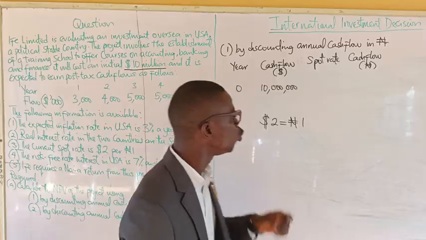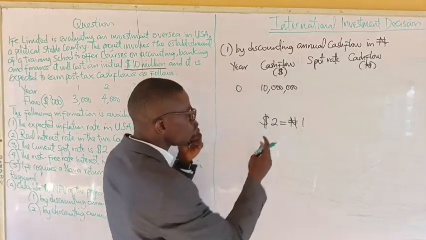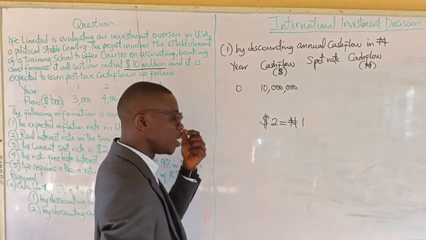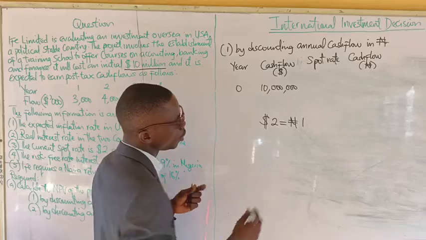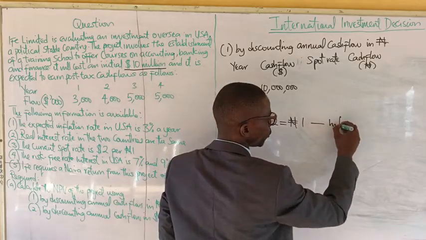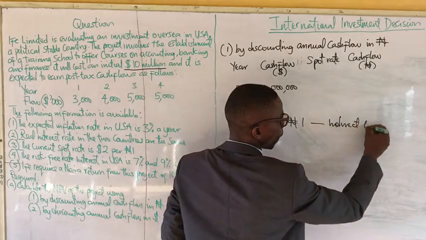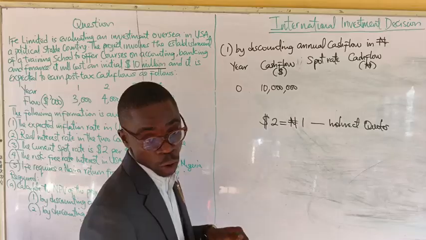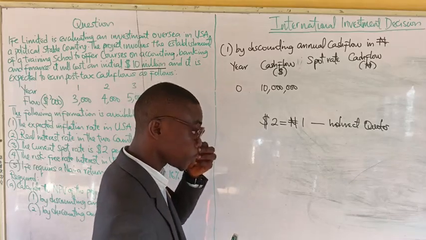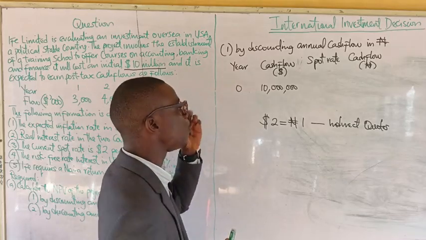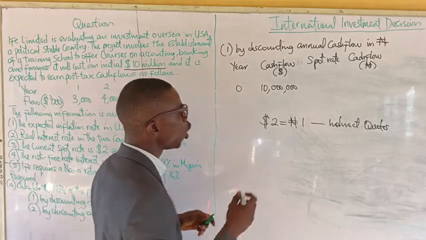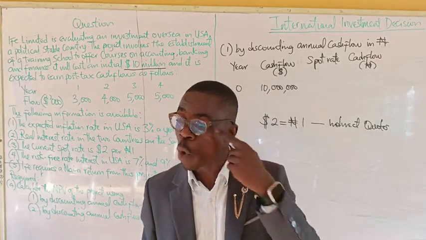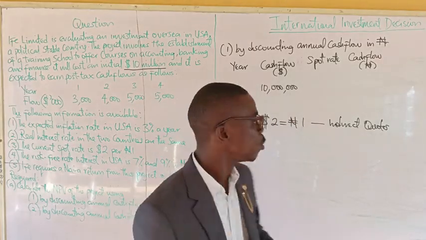Now that means for you to do that, this question is direct or indirect quotes? This is indirect, right? Am I communicating? Now for you to know how much $1 costs in naira, you need to convert it.